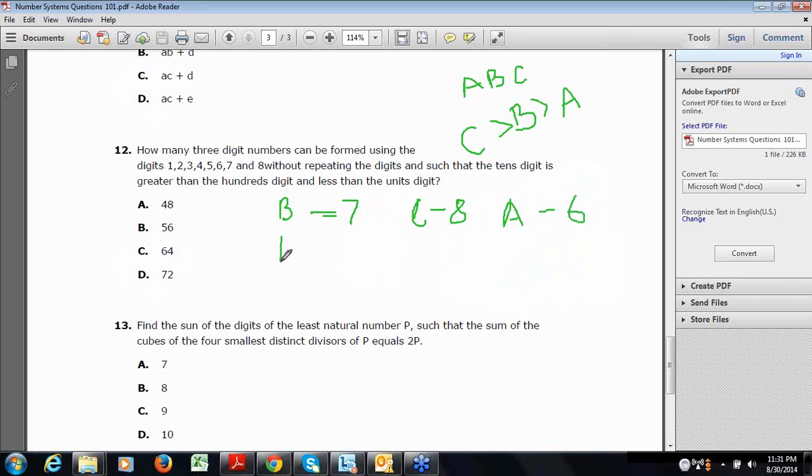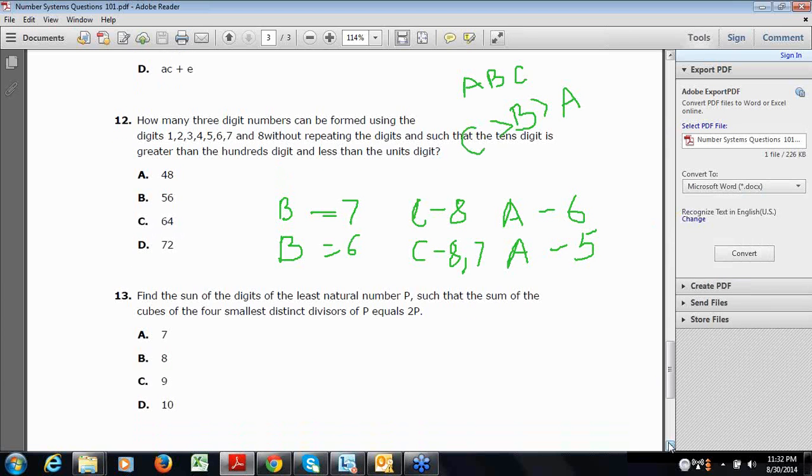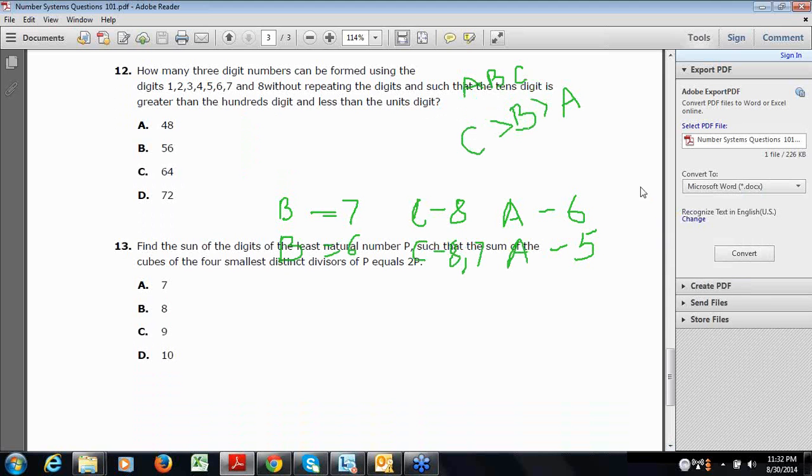Similarly, if B is 6, C can have values 8 and 7. A can have the rest, 5. Now B is equal to 5. C can have values 8, 7 and 6.